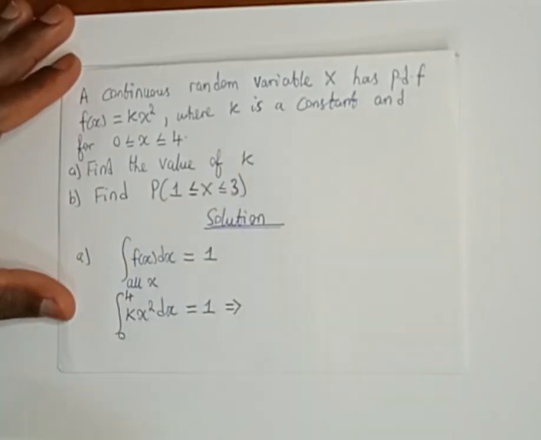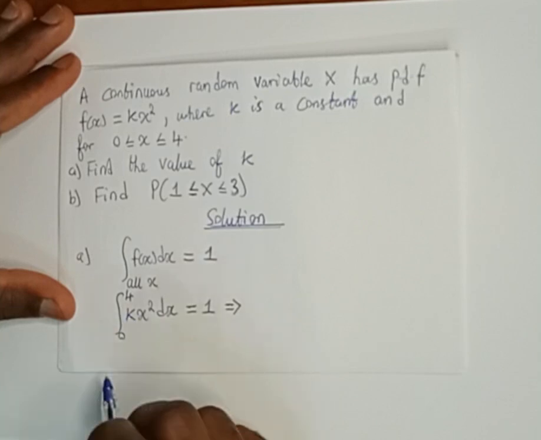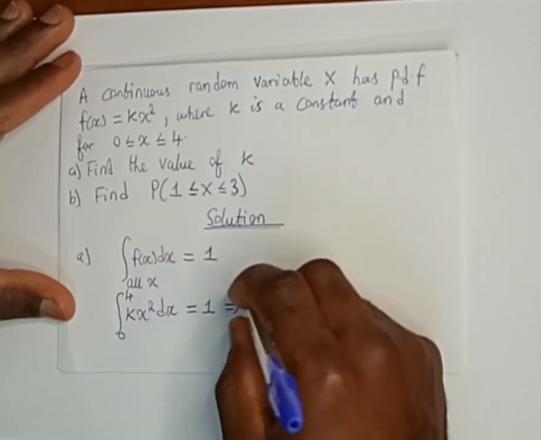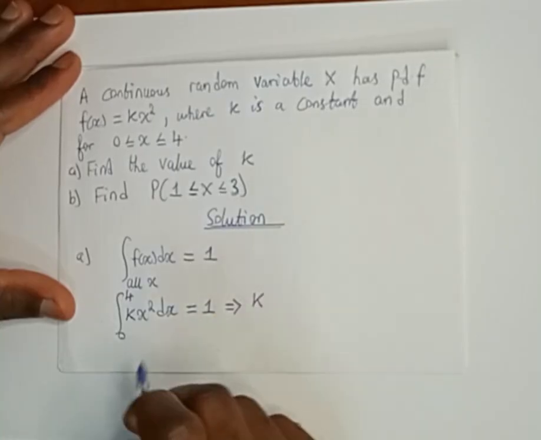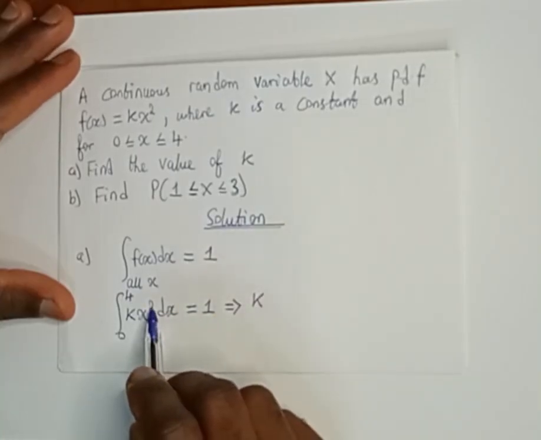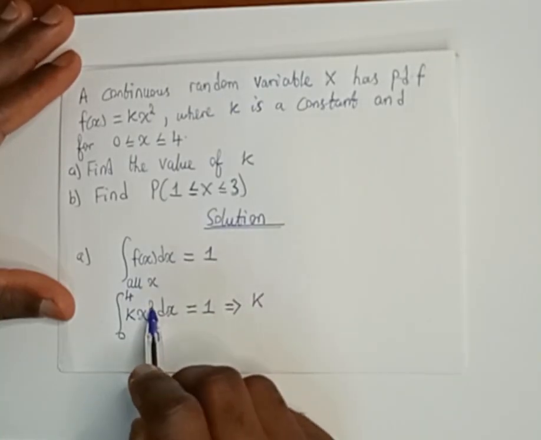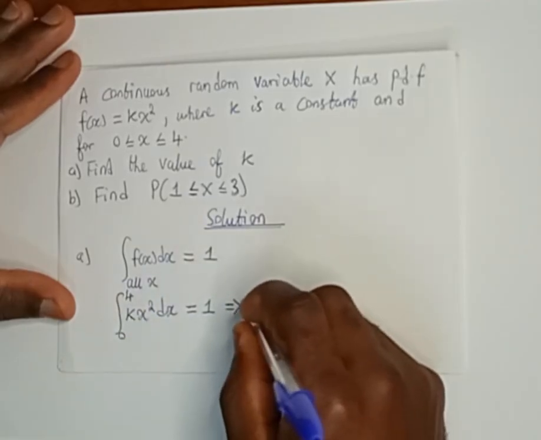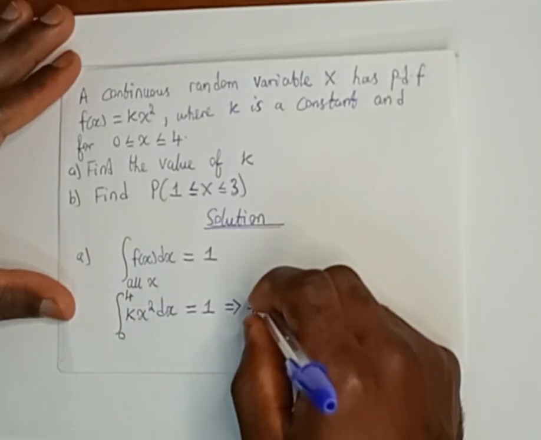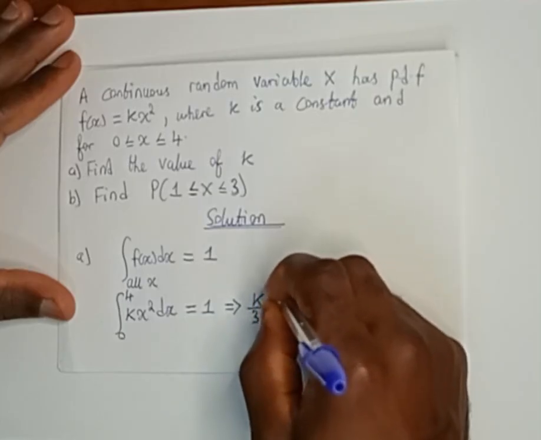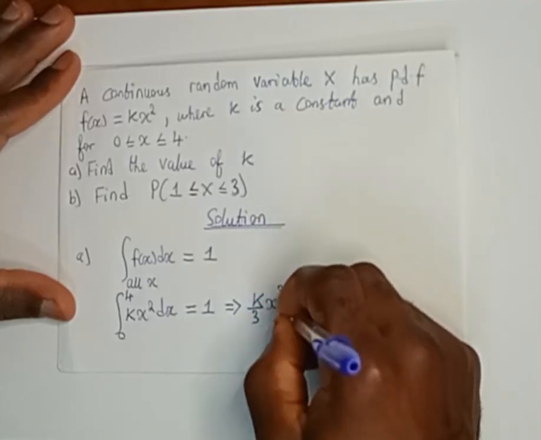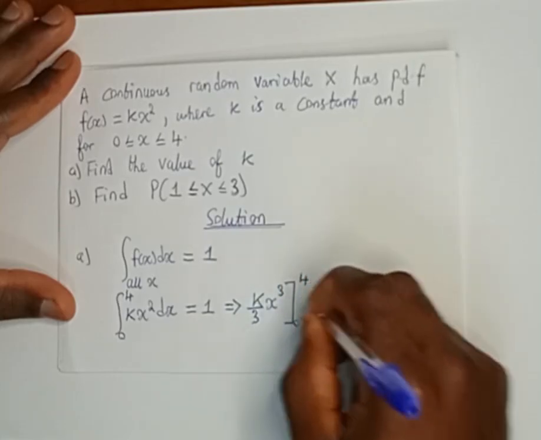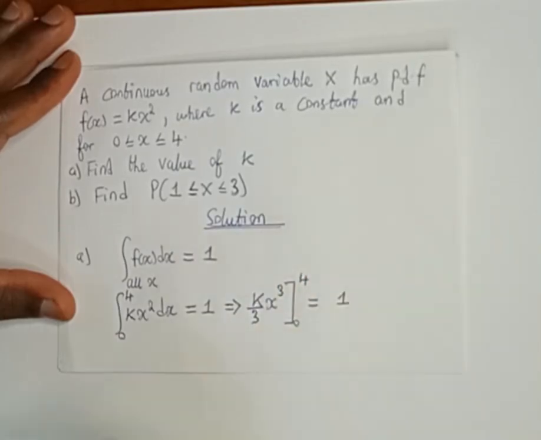Then k is a constant, sending out k and integrating x squared dx, this gives us k. We add 1 to the power of x, 2 plus 1 gives 3, then we divide by the new power, which is 3, so this will give us k over 3 times x to the power 3 from 0 to 4, and this will be equal to 1.